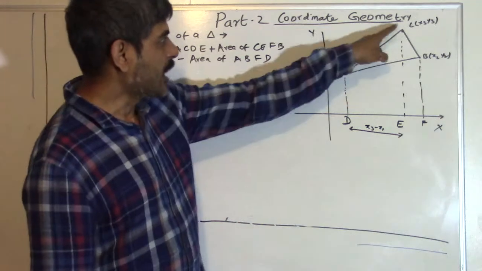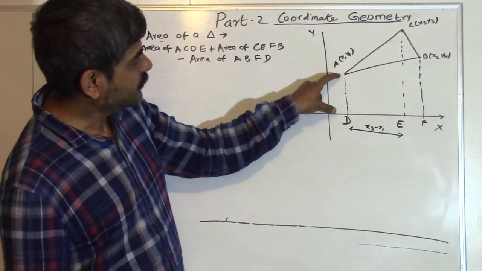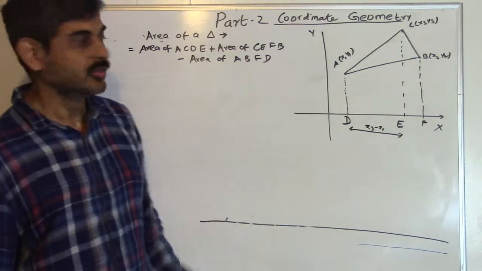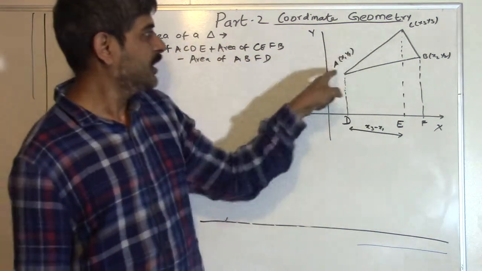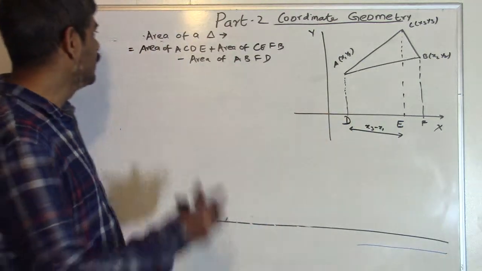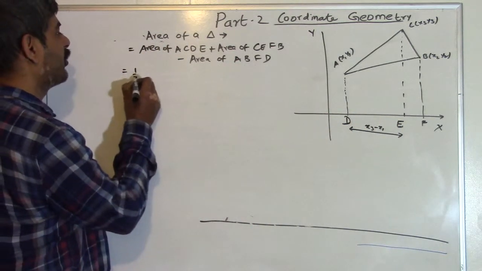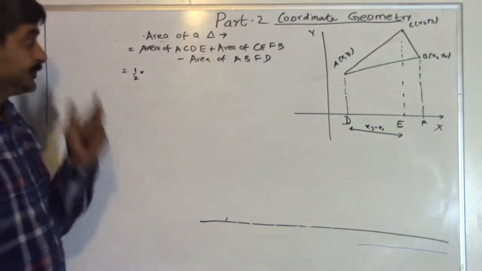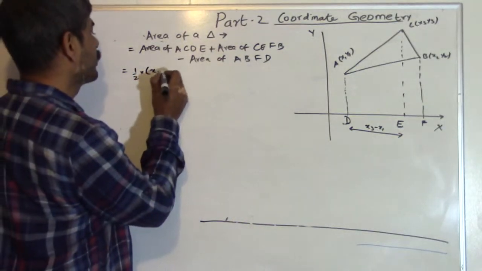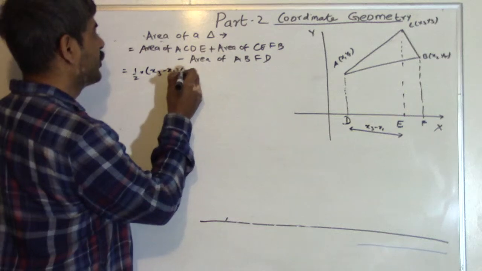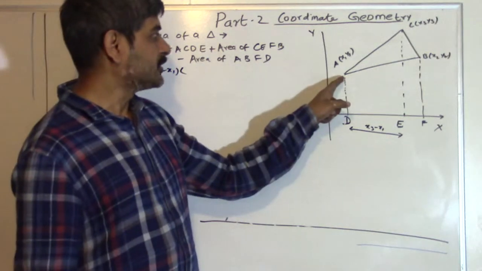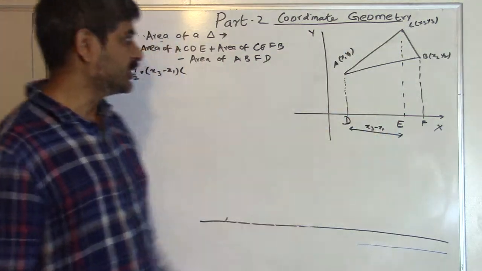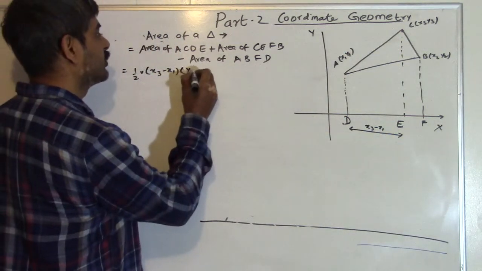The length of this one is going to be y1 and the length of this will be y3. So the area of ACED will be half of the height, x3 minus x1, multiplied by the sum of these lengths, y1 plus y3.